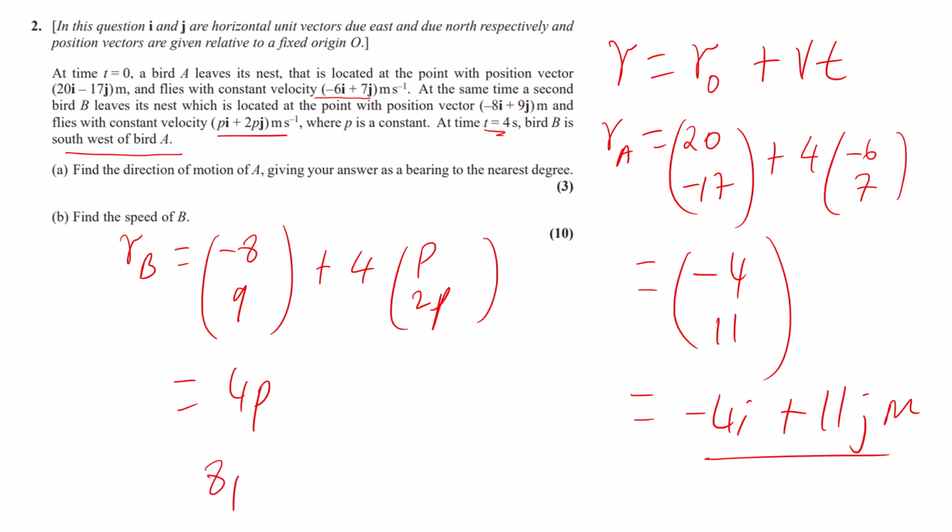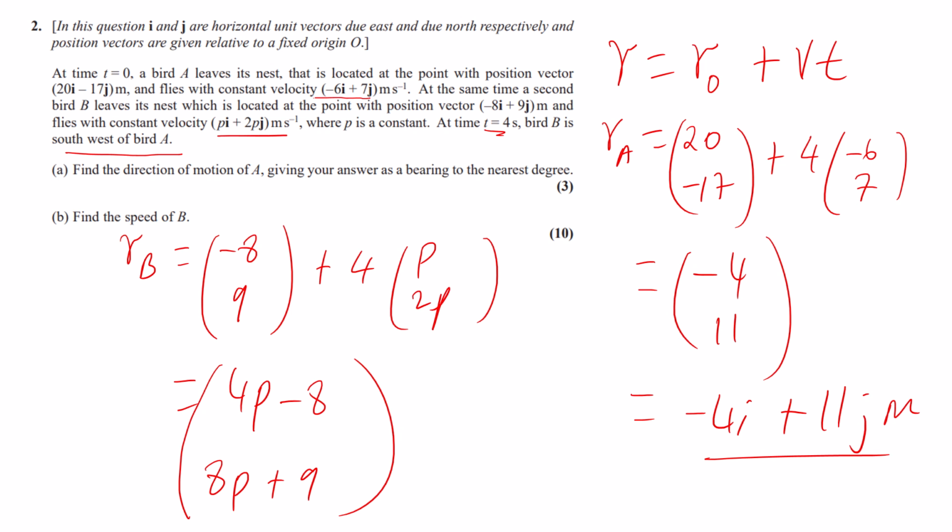So it's going to be 8P minus 9. Forgot that, there should be minus 8 there. So P times 4 plus minus 8 is 4P minus 8. 2P times 4 is 8P plus 9 is that. So this is where B is.